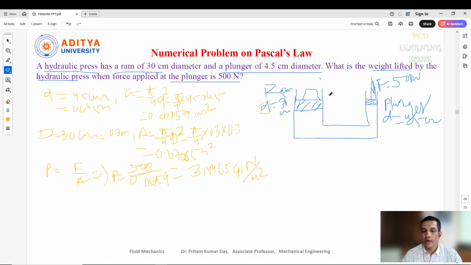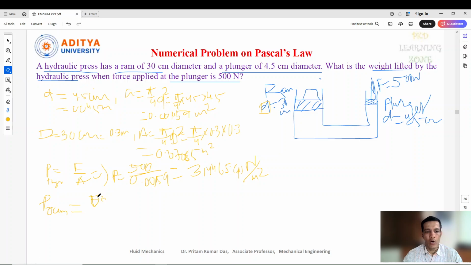As per Pascal's law, the pressure applied at one point is transmitted equally to all the sides, all the points. So here at the ram side also, we can write the pressure at the ram side. This is at the plunger side. So the pressure at the ram side is equal to the weight lifted divided by area. A force is not required here because the force is already applied.